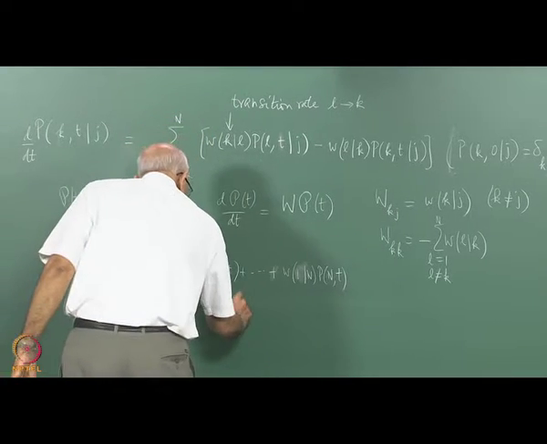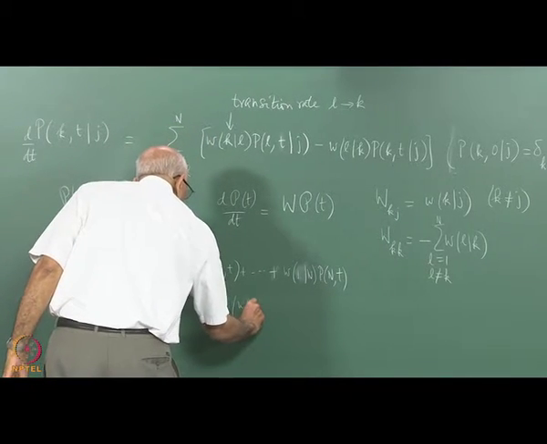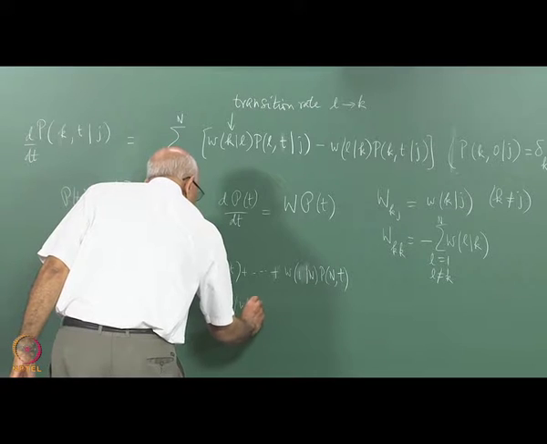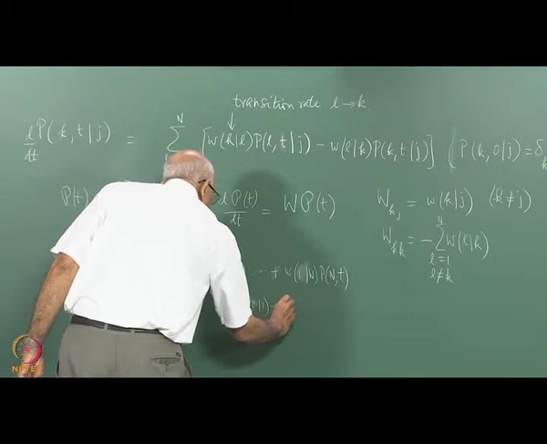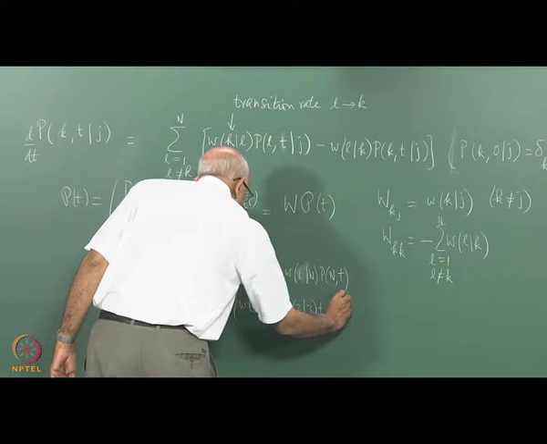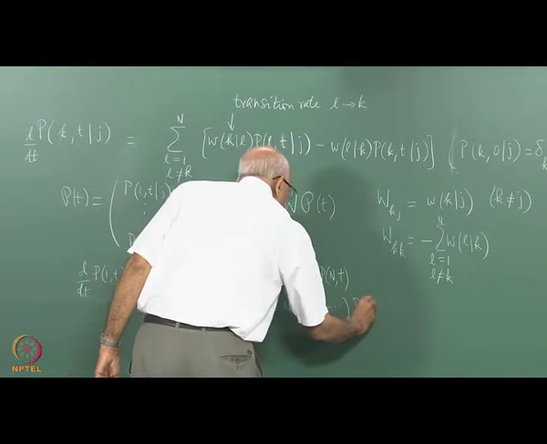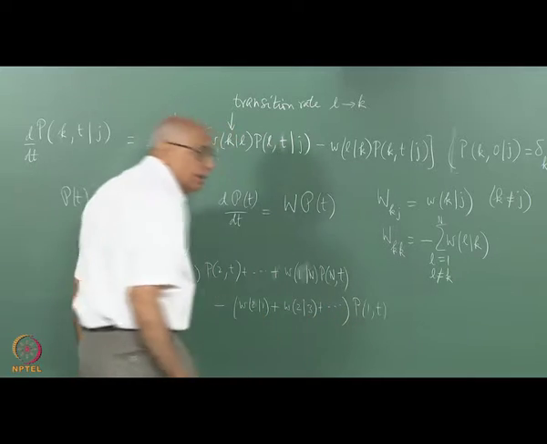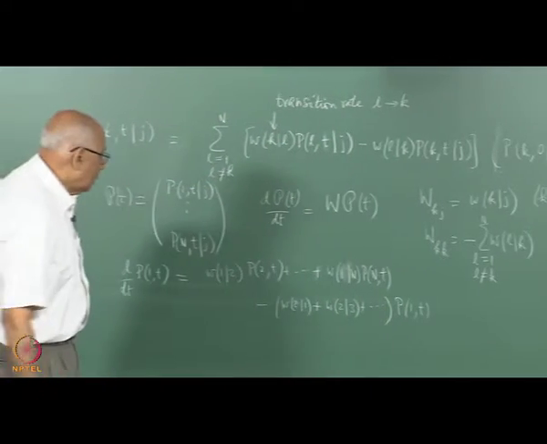So this is equal to minus W 2 1 plus W 3 1 plus etc. times P of 1 comma t in this fashion.